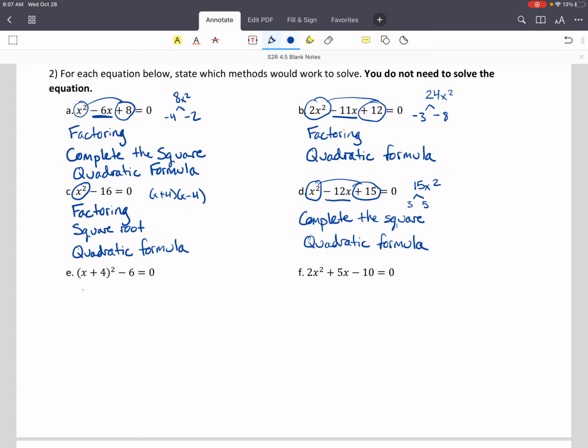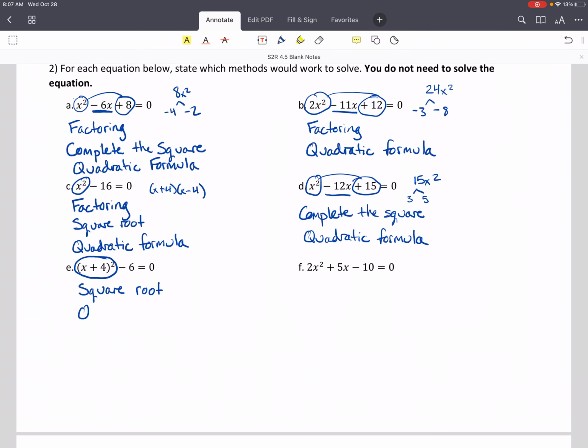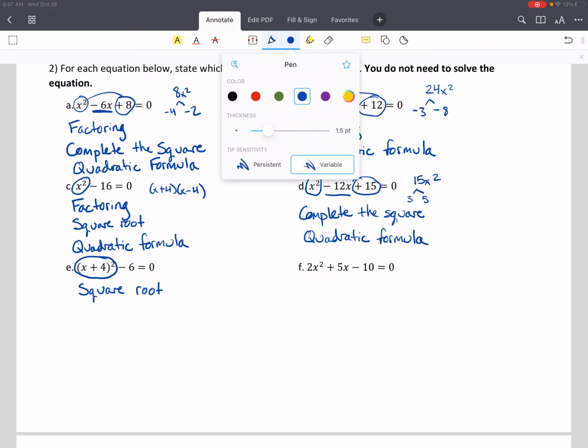Okay, part E. I tell you right now, that's a square root. Because I have the x in parentheses being squared, no other x's. So I'm not going to factor, and I'm not going to complete the square. And we're actually not even going to use quadratic formula on this one. Ooh, snap. Because it's not in standard form.